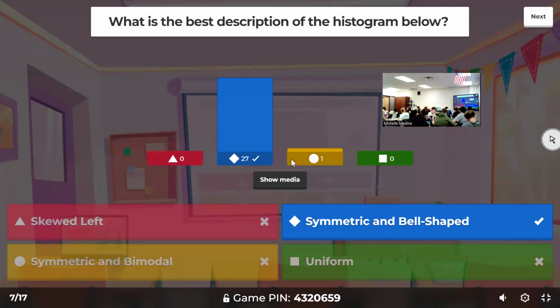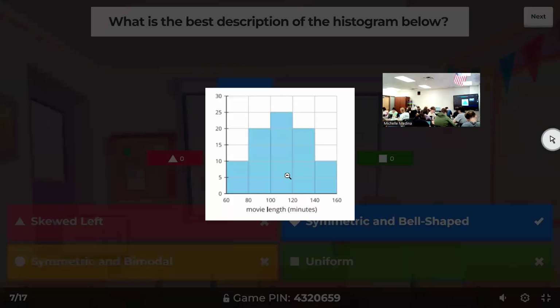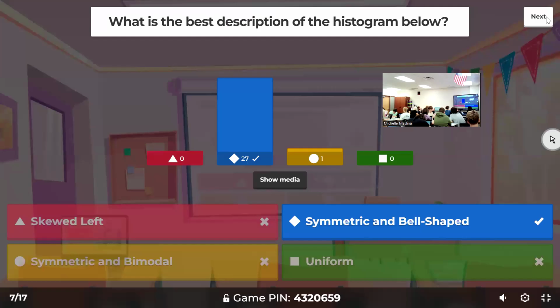I don't think I need to elaborate too much. Pretty soon we're going to start using the shapes to tell us things about the mean and the median without doing any calculations. So that's exciting. That's on its way. Okay, then on to the next one.